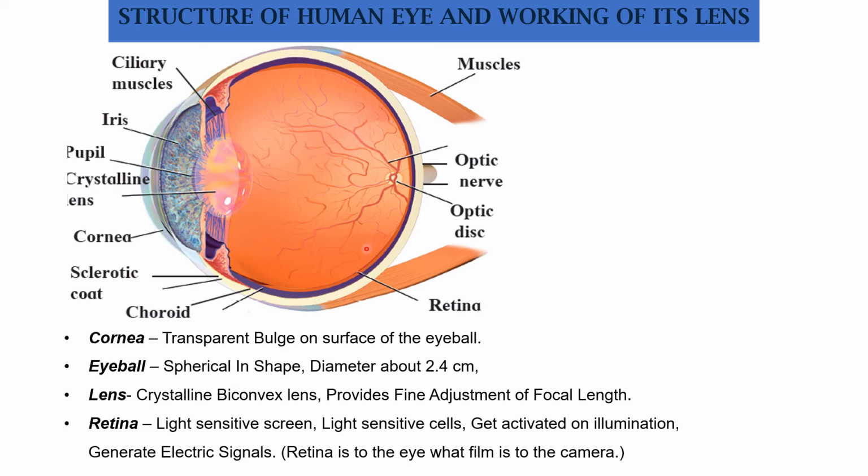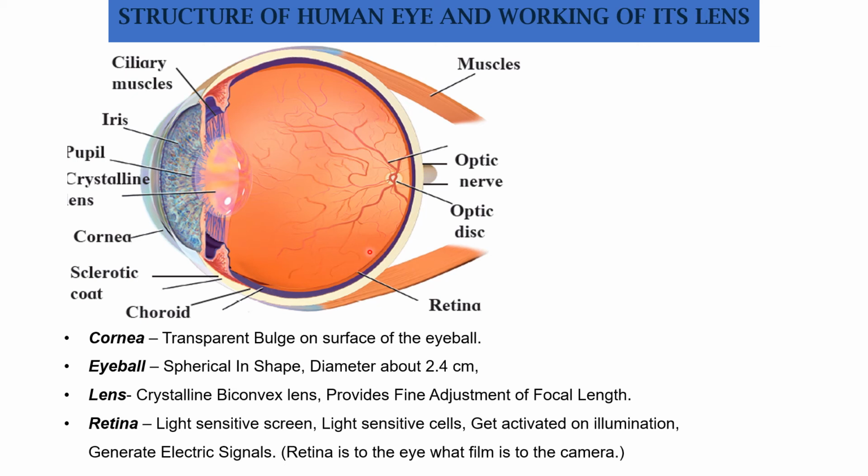Now the retina comprises specialized cells, as we said, light sensitive cells, and these cells are of two types. One is called rod cells and the other is called cone cells. Just by the name, those which are rod shaped are called rod cells, and the cone cells have a cone like structure, and hence they are called cone cells.